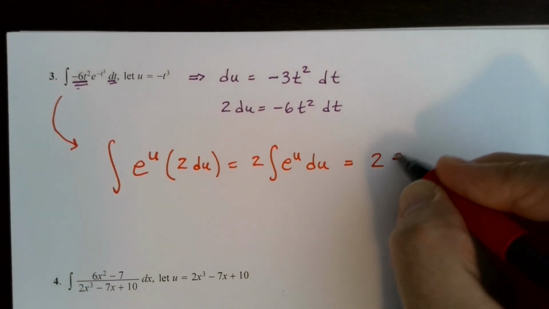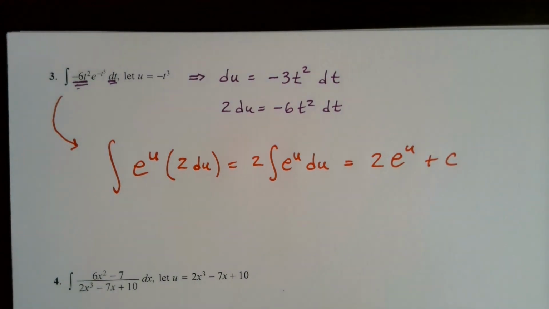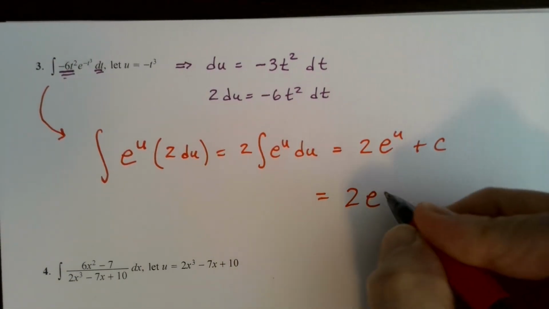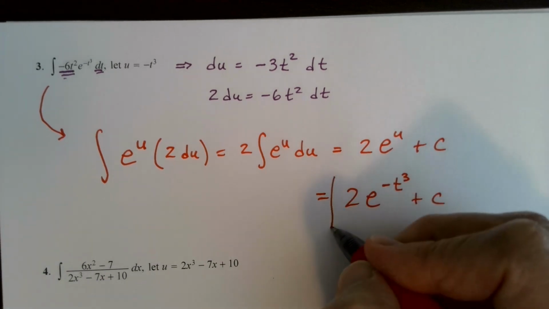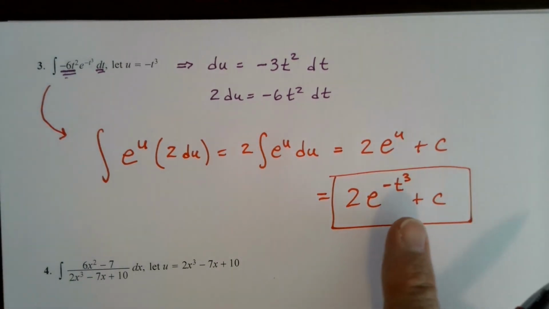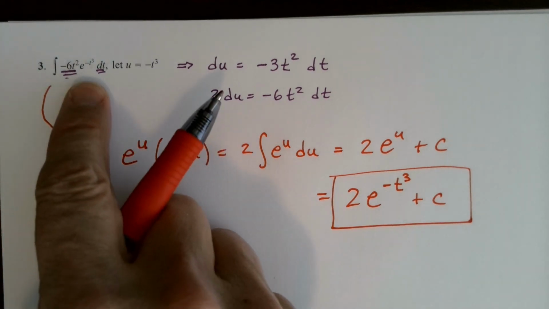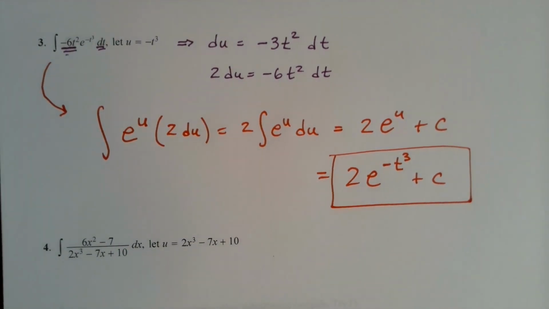The antiderivative of e to the u is e to the u. Don't forget our plus C. But last but not least, we're going to go back to the original variable t and replace u with negative t cubed. Again, you can check by taking the derivative of this function using the chain rule and observe that you indeed get back to the original integrand, the original function you're integrating.